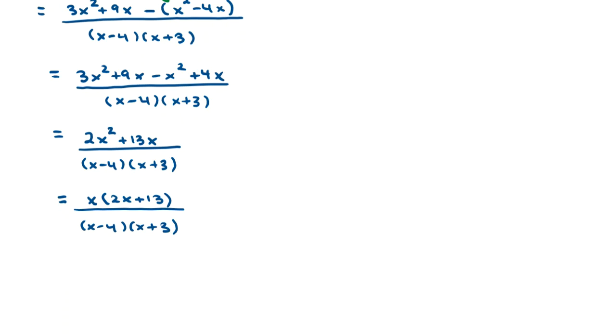All right, last thing you want to check for is whether or not there are any matching factors between top and bottom, in which case the rational expression would reduce to lowest terms. But clearly we don't have any of that going on. Everything is completely factored, combined into a single rational expression. So all in all, that ultimately means that we are finished.